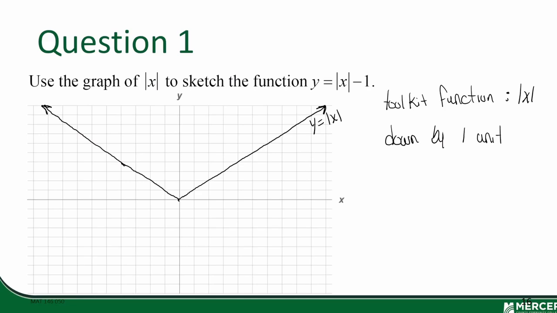That is the absolute value function. Absolute value of x minus 1, it's going to look the same. It's just every point gets shifted down by 1 unit. So the easiest way to do that is look for the most convenient point, the vertex.